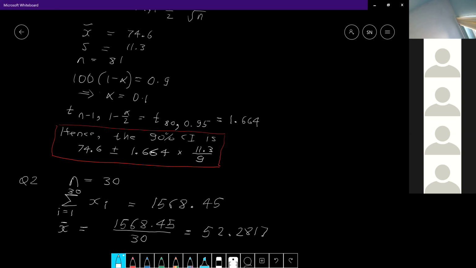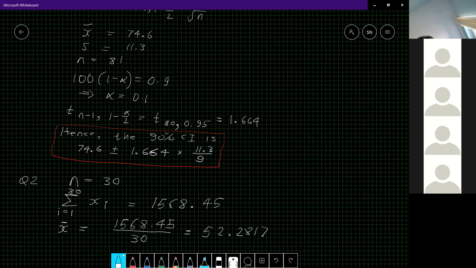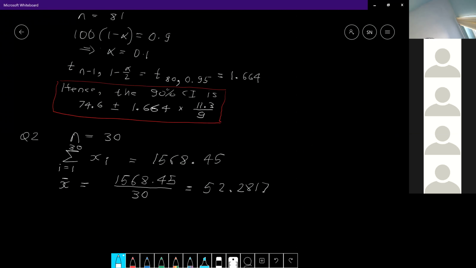Okay, so that's your x bar, the sample mean. Now you can also compute the sample standard deviation using the information that is given.